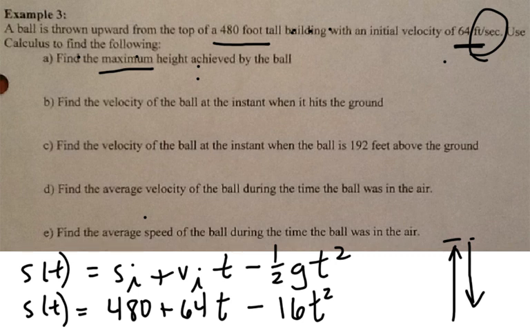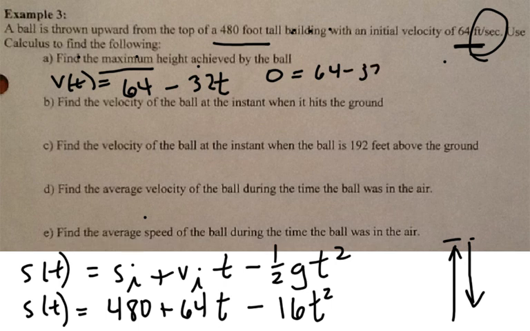So I'm going to take the velocity, v of t, and first find the equation, which would be 64 minus 32t. And I'm going to set that equal to 0. Add 32t to both sides. Divide by 32 on both sides. T equals 2 seconds.